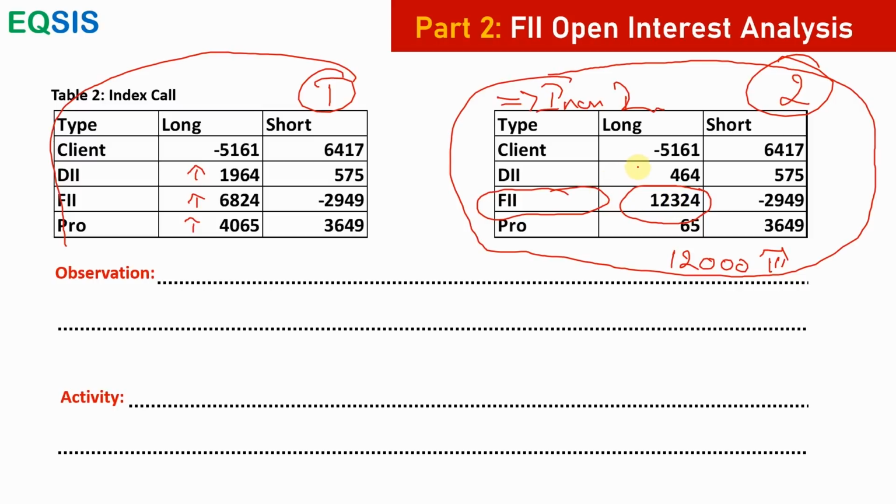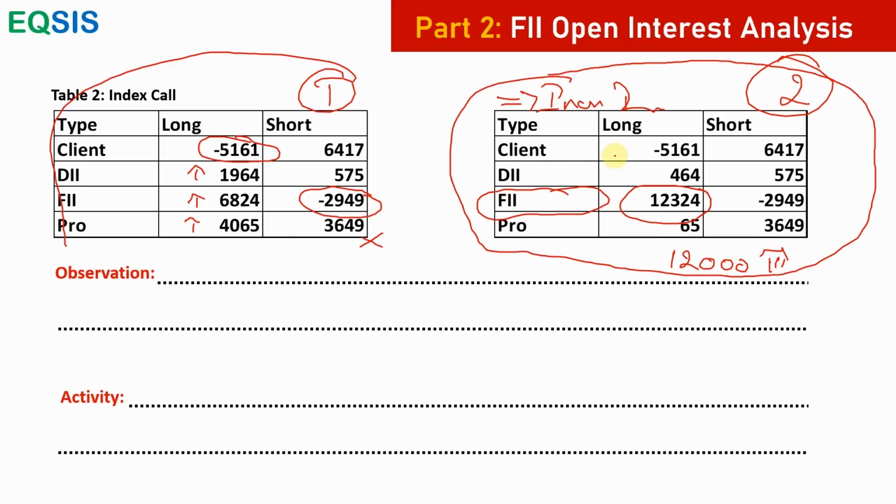So when I see data like this on any given day, I consider that day very precious for me to document. But on this other day, I don't confidently conclude anything on long positions. Of course, client exit and short covering by FII come with pretty much confidence.